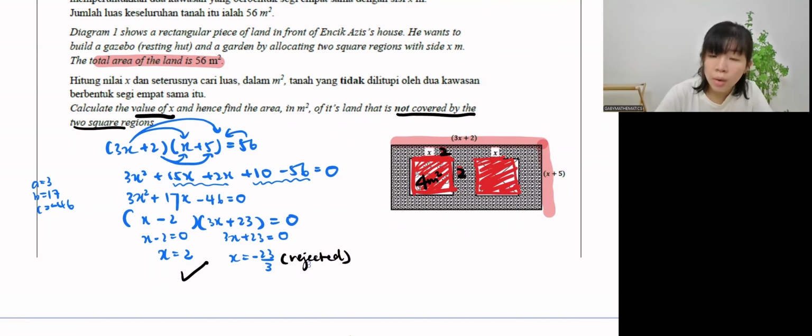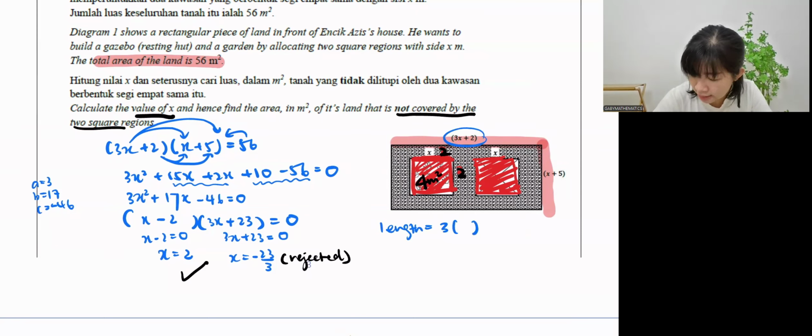What is the length of the rectangle, and also the width? The length of the rectangle, 3x plus 2, x is 2, so 3 times 2, 6 plus 2, which is 8 meter. How about the width?